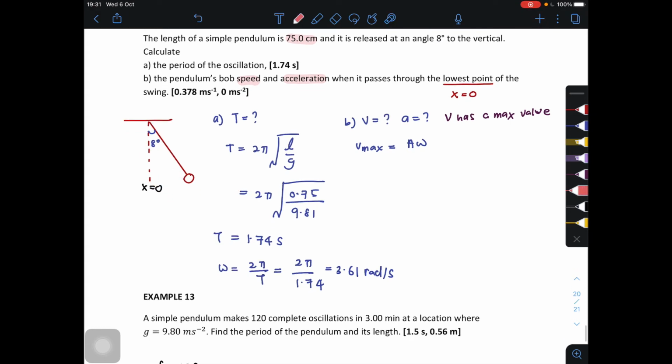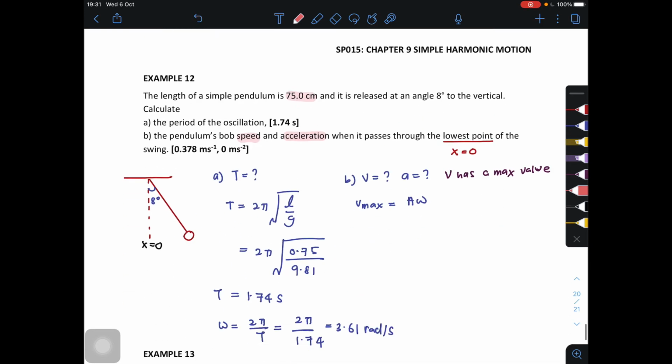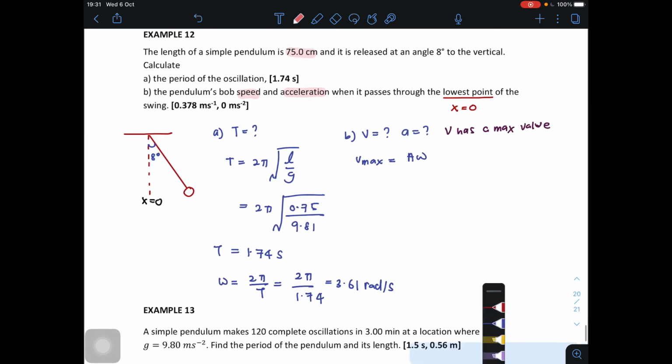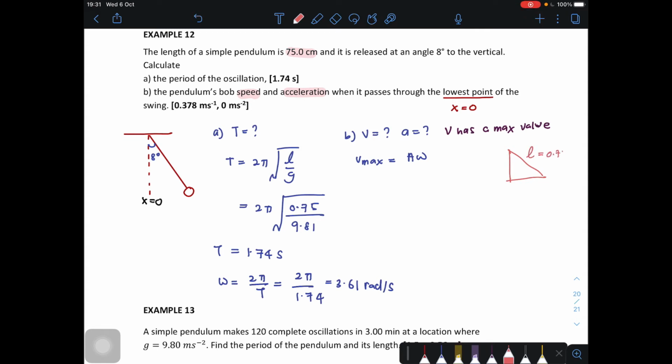We can use trigonometry. This is the length, which is 0.75 meter. This is the 8 degree angle, and this is what we want.